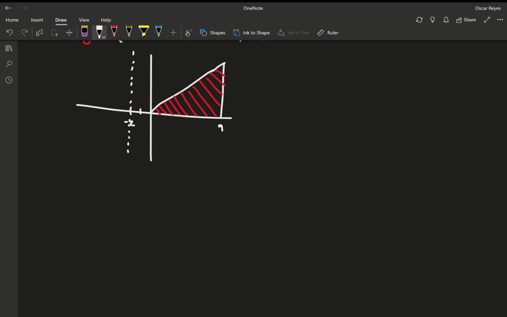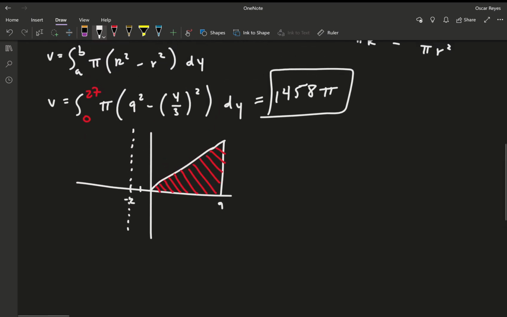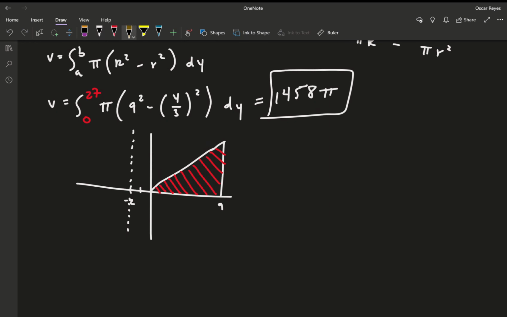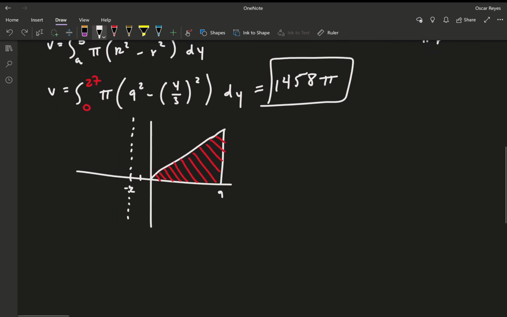Now this is going to be kind of a concern. This is where a lot of people get mixed up, revolving it around something other than the y-axis or the x-axis. Because now we have a larger space here. We have this addition here. So the way we can solve that is by looking at only that.